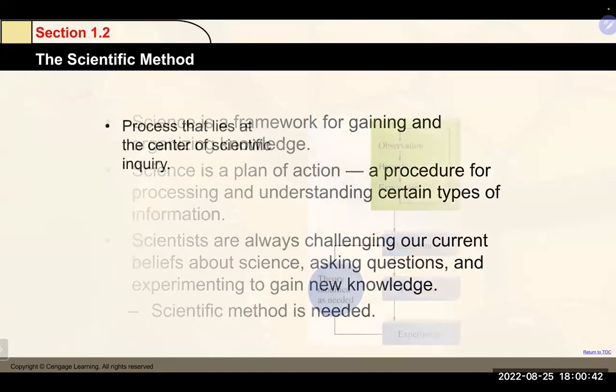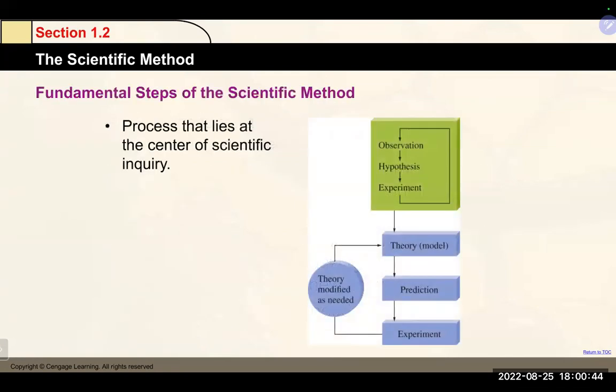So once you make an observation, typically what follows is some type of hypothesis. A hypothesis really is a tentative, testable explanation of what you observed. And that's the key part of it, especially in this process. You want to come up with some type of hypothesis where you can test it, do some type of experimentation.